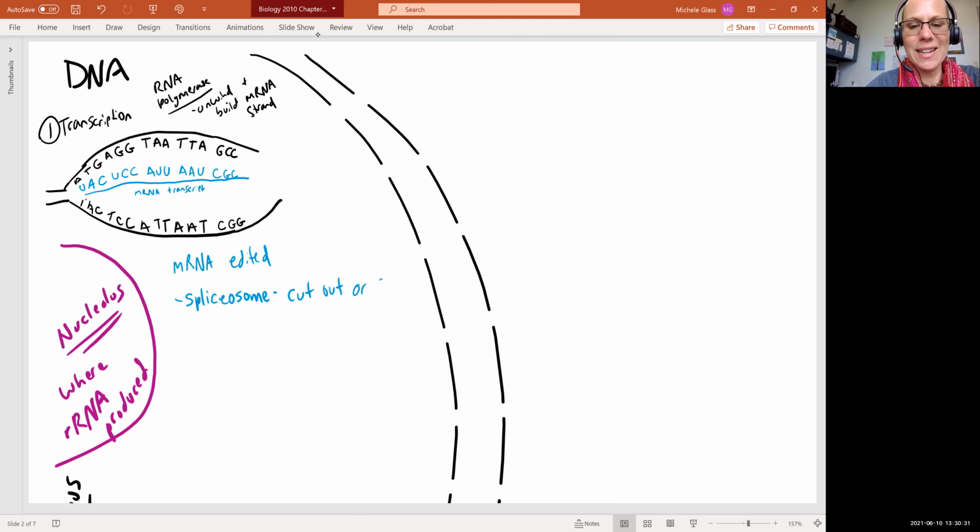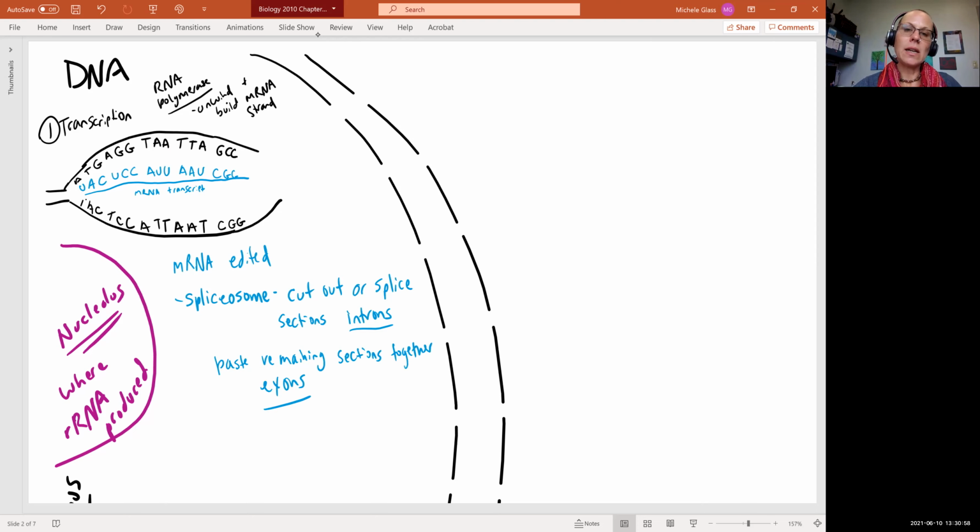So the term splice here means to cut out sections. And we call these sections that get cut out introns. And then it's going to paste remaining pieces together. Those would be called exons.